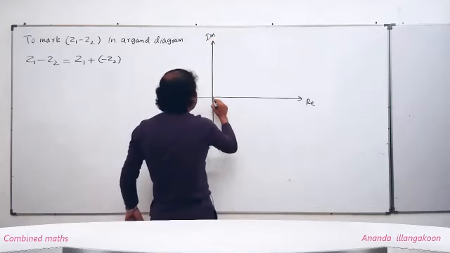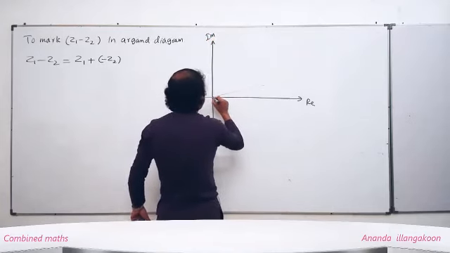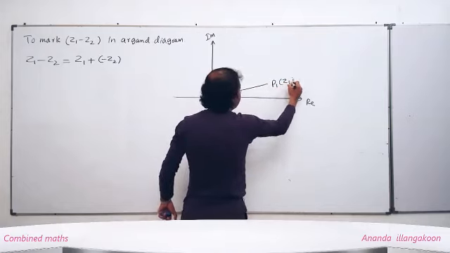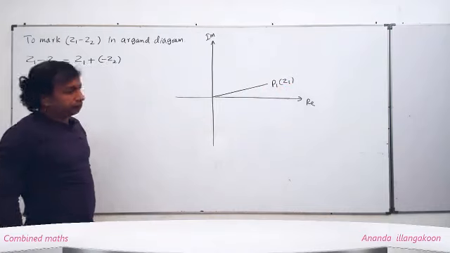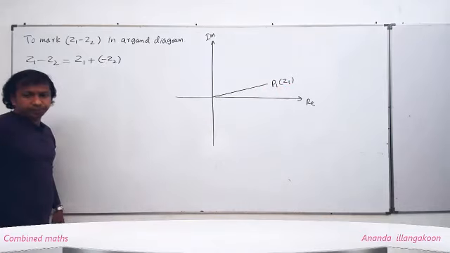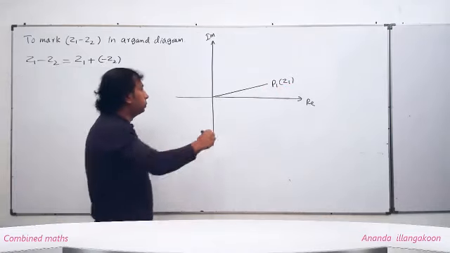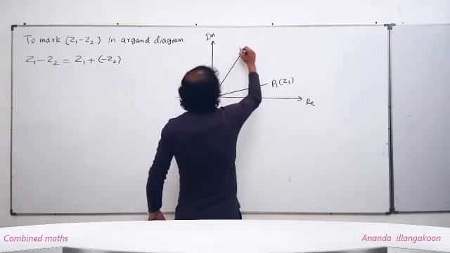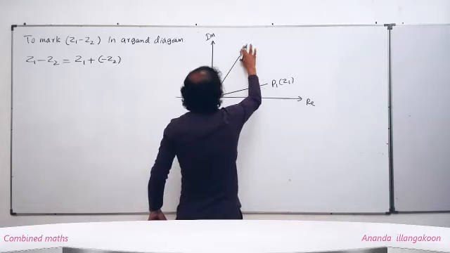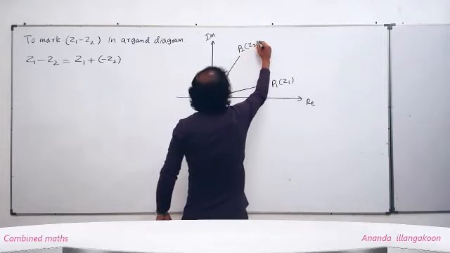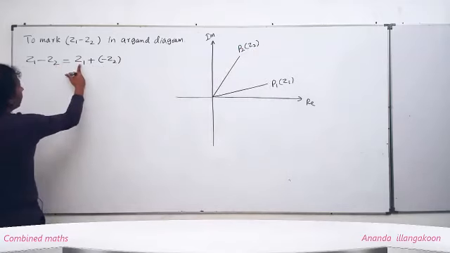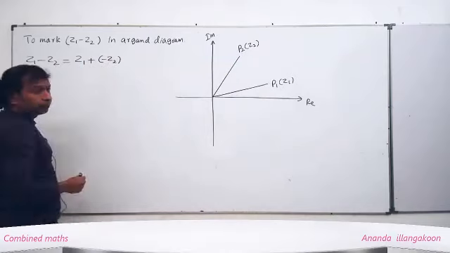Suppose the complex number Z1 is this. It is represented by the point P1, right? The complex number Z2, this, is represented by the point P2, right? Now to get this Z1 minus Z2, that is Z1 plus minus Z2.